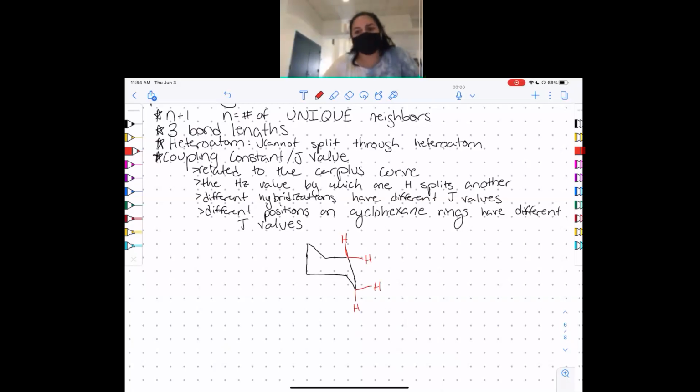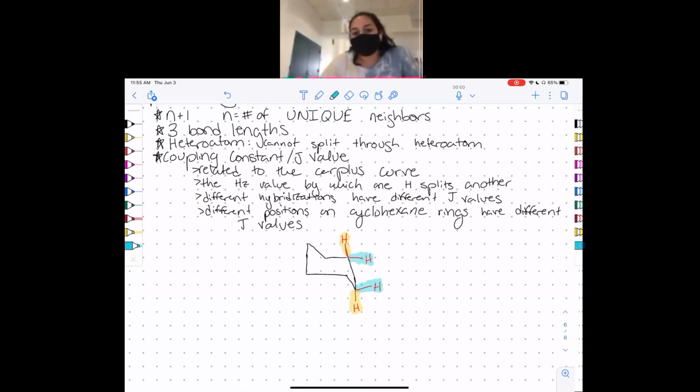So what is it called when they are slanted like this? Equatorial. So what's it called when they're straight up or down? Axial. Cool. So I'm going to highlight the axial in yellow, and I'm going to highlight the equatorial in blue.